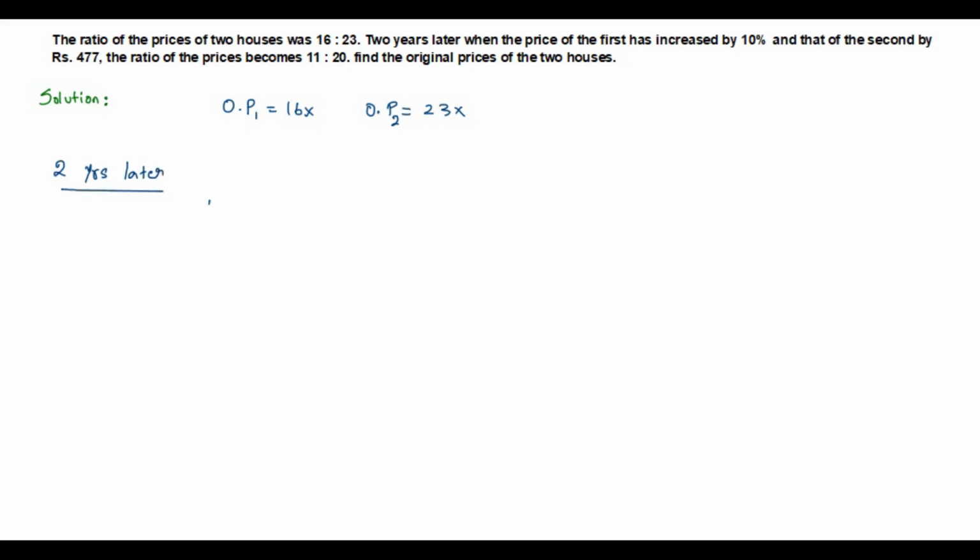the price of the first house, that is called the new price. New price of the first house is equal to the original price 16x plus increment. Increment is 10% of the original price, that is 10% of 16x. Let's calculate 10% of 16x. 10% is 10 divided by 100 and it has to be multiplied by 16x.